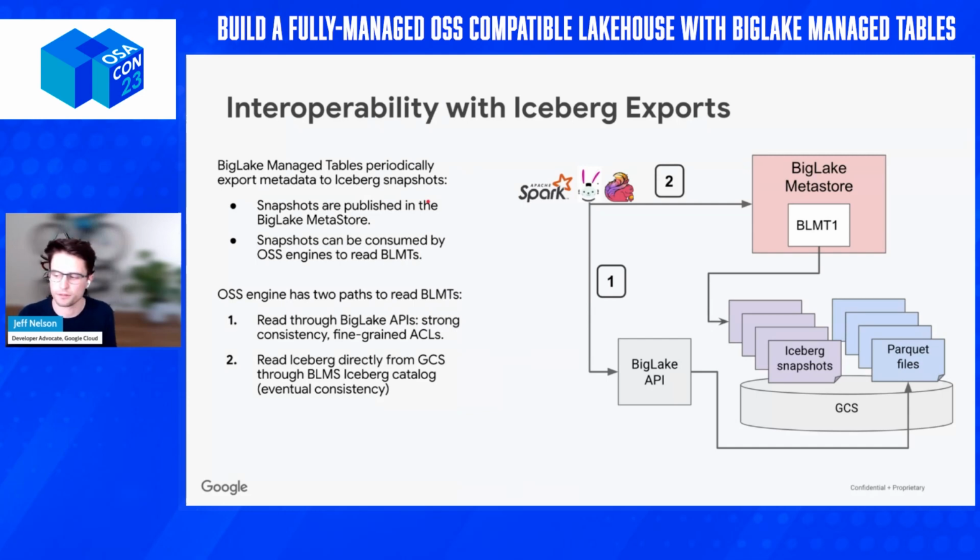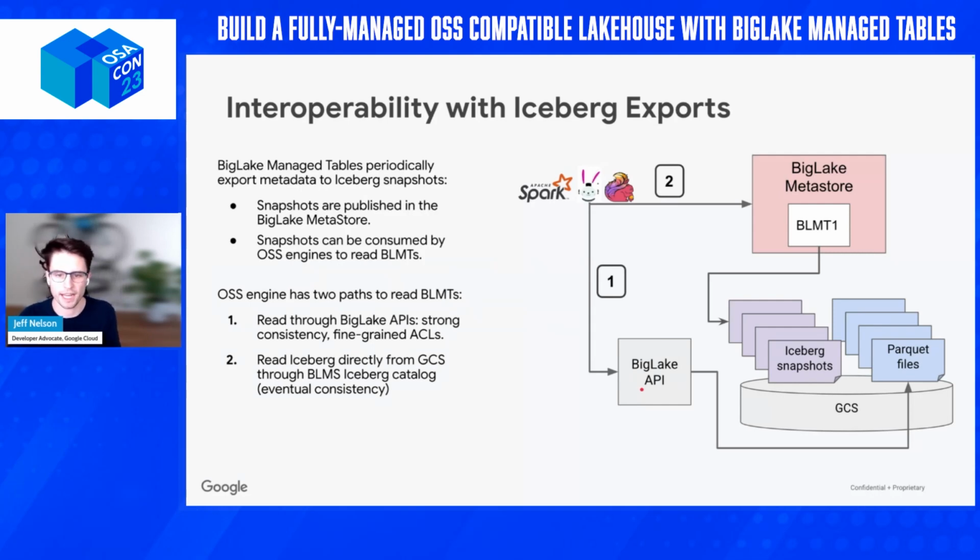And just to reiterate, again, there are two paths that someone could take to interact with these tables. First, using the BigLake APIs, where we provide built-in connectors for different engines. Take Spark for an example. Spark would use a BigLake connector to hit the BigLake storage APIs.